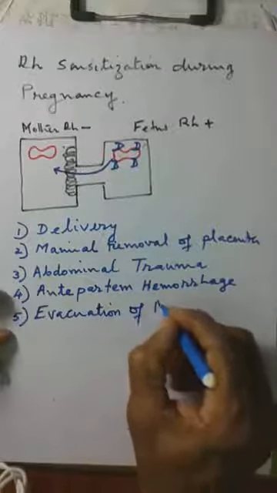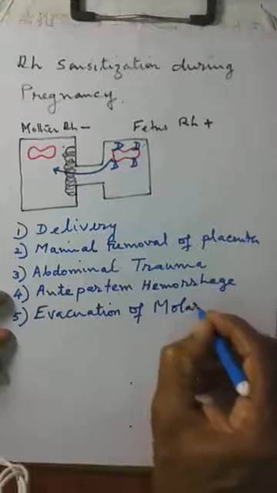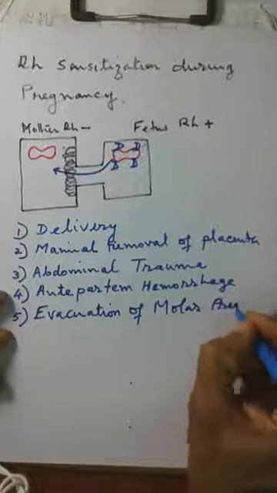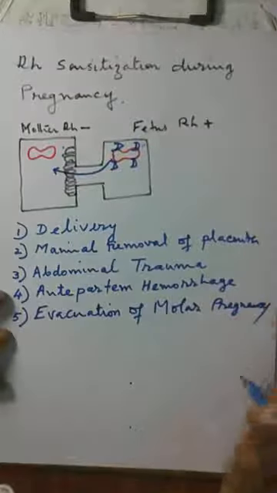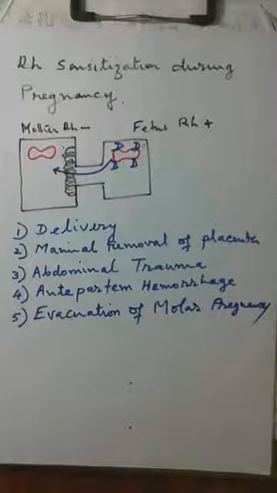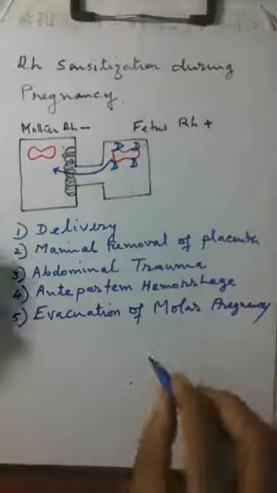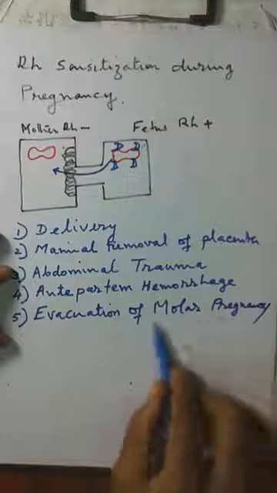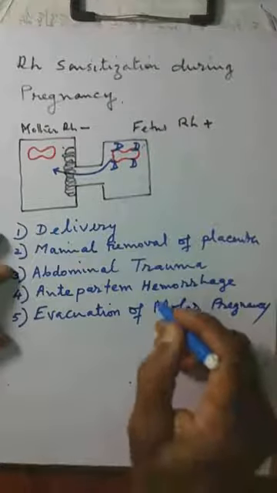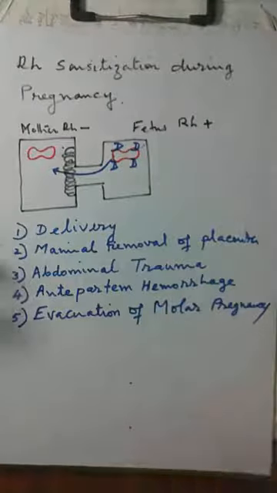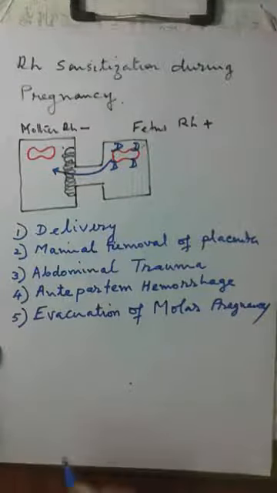In the uterus there will be just moles with some water inside, like a bunch of grapes, that has to be removed. That is what is called molar pregnancy.